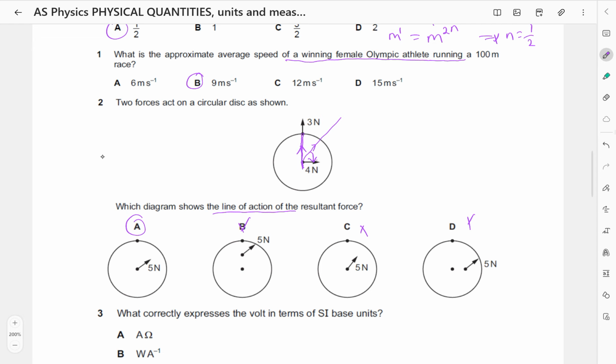I'm leaving out C because comparing C with A, I notice that in A the resultant force arrow is closer to the direction of the 4 newtons, which makes sense because 4 newtons is greater than 3 newtons. So the answer is going to be A.